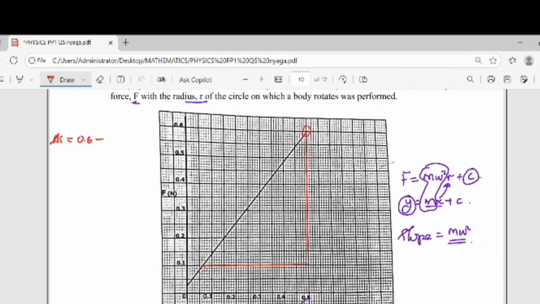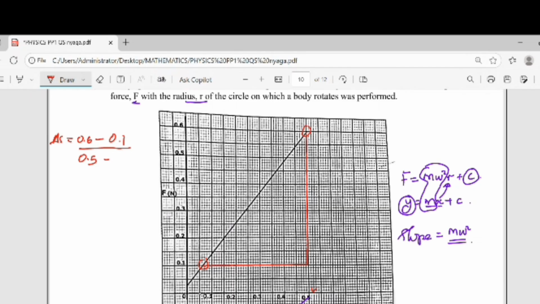Like that. So this becomes my next point, which is 0.1. Then you divide through by 0.5 minus, we need to look at the scale very well.